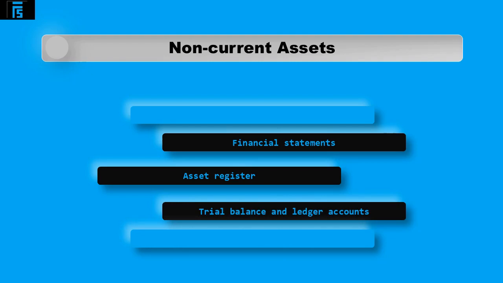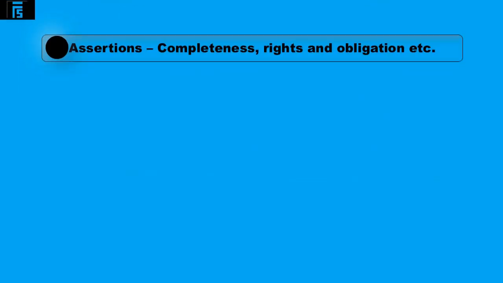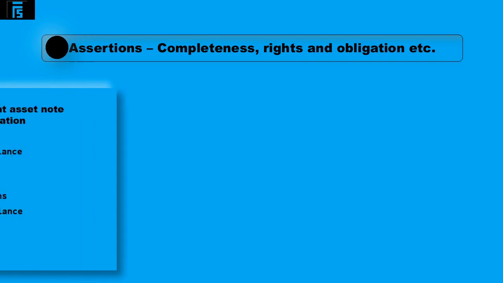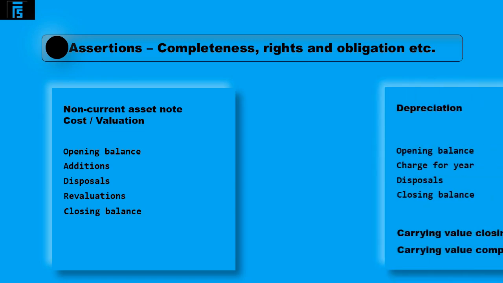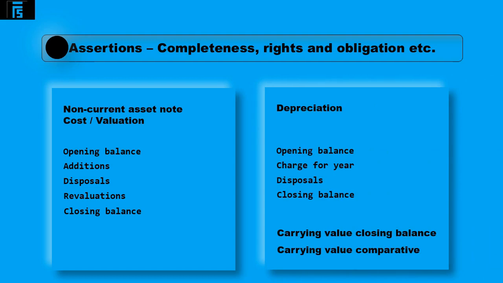Each of these sources should tie in with one another, and it is the auditor's job to test whether that is the case. Non-current assets key assertions to be verified are completeness, rights and obligations, valuation, and existence. If we visualize the non-current asset note, the auditor needs to ensure each balance has been audited, therefore auditing opening and closing balances, new assets purchased or additions, disposals of assets in the year, depreciation, and revaluations.